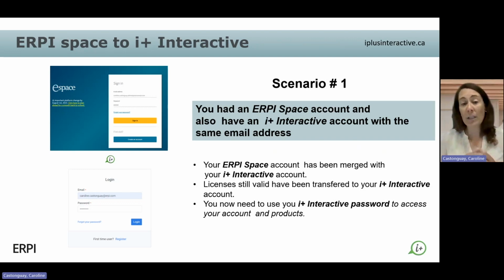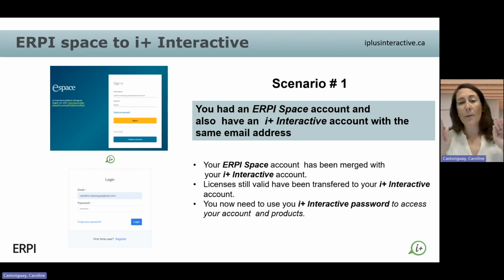So the first scenario is that you had an ERPI Space account with some products still valid during the summer, and as well, you created an account on I+ Interactive just to get acquainted with the new technology and new way of working. You might have been with us in one of our workshops during the spring, and that's how you got to know that you could create an account on that new space.